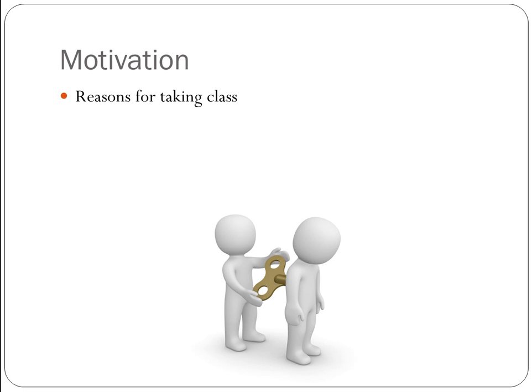Motivation is understanding the students' reasons for taking class, as well as how interested the students are in the class and the objectives, how relevant the class and the objectives are to their lives and goals, how confident the students are that they can accomplish everything in the class, and how satisfied they will be after class.